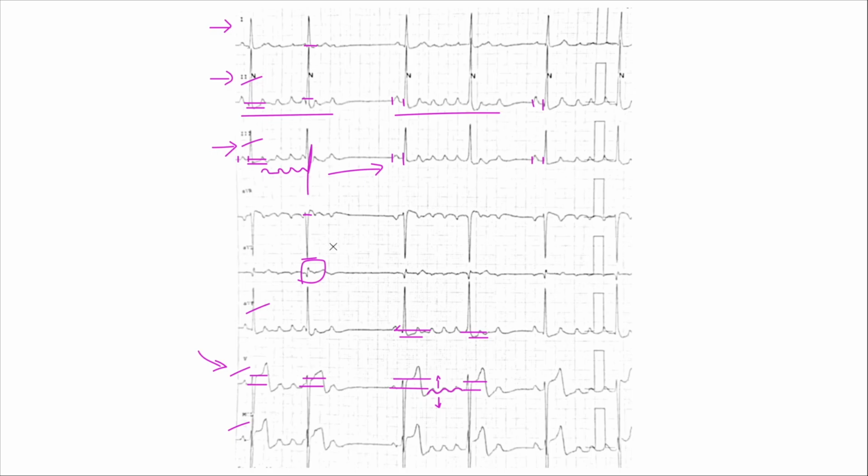Now, looking at this, and trying to confirm LVH or RVH, hypertrophy of any kind, which I was kind of suspecting with that PVC, you would need leads V1 and V5 and V6 for Sokolow-Lyon criteria.